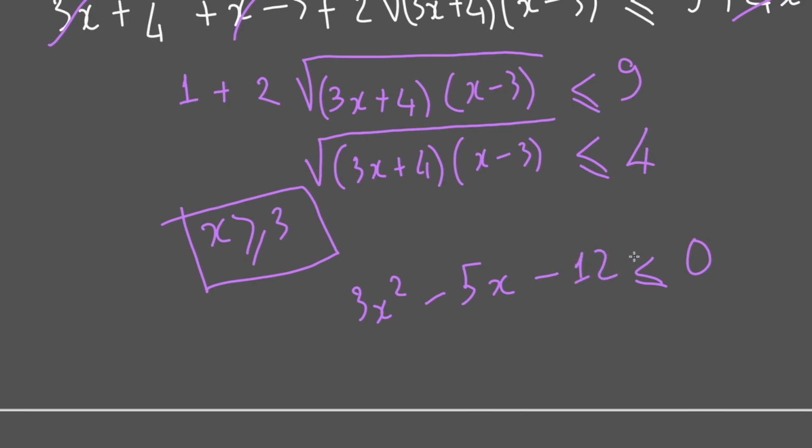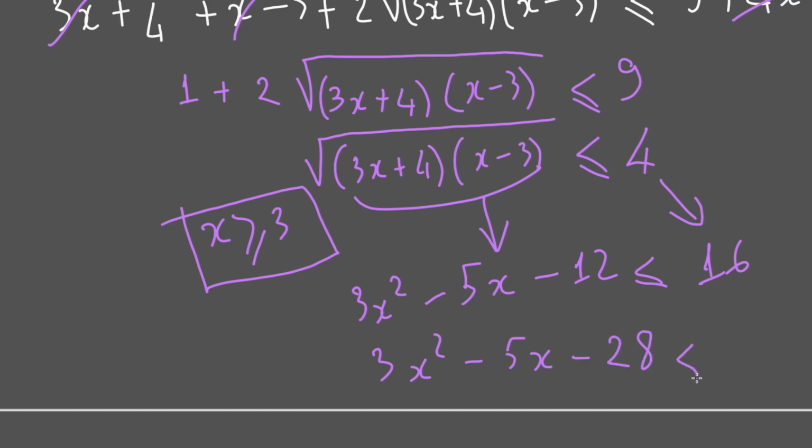It is 12 because you expand this into this, and this is 16, it is squared. Then I rewrite it again the same way I wrote it the first time, minus 20 is smaller than 0.